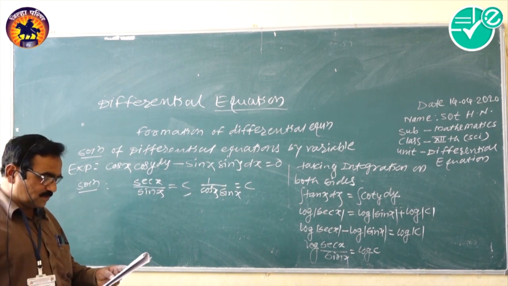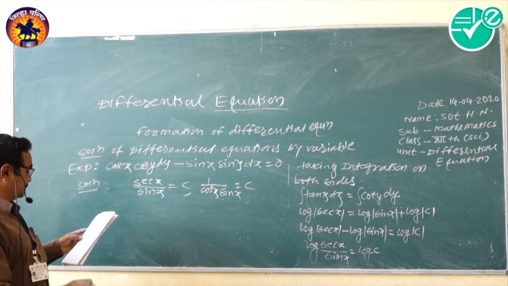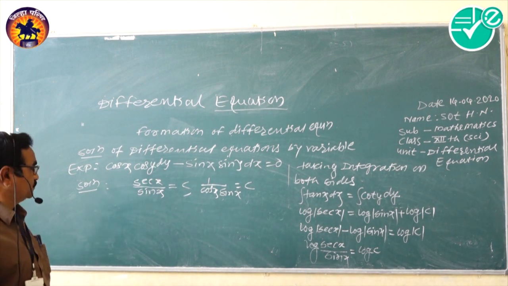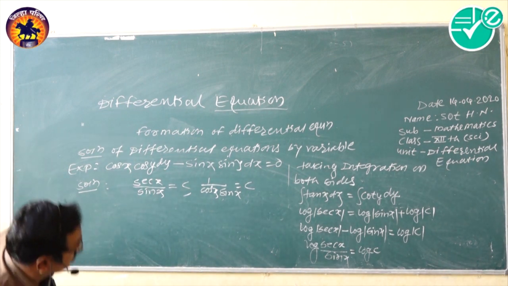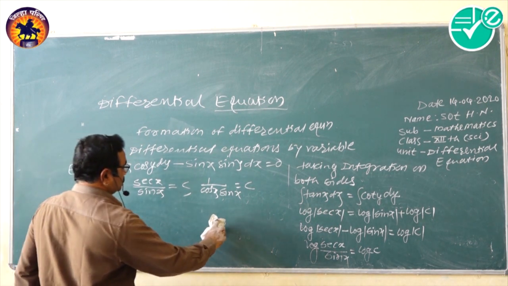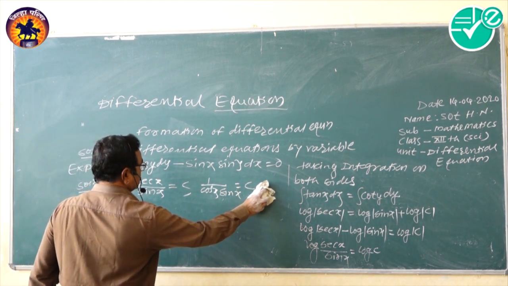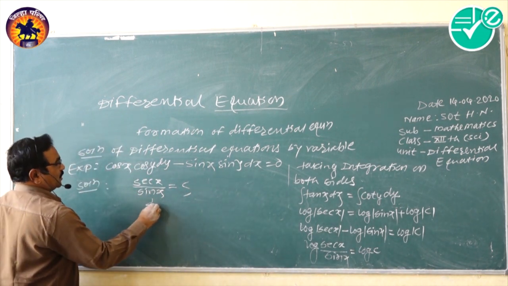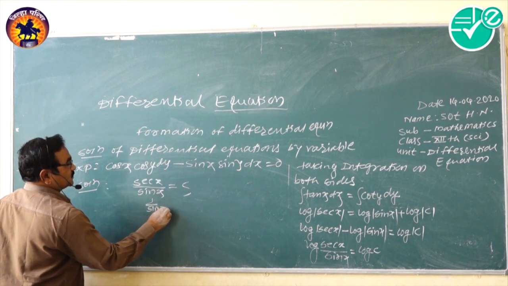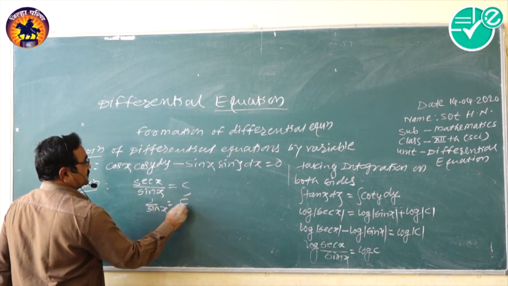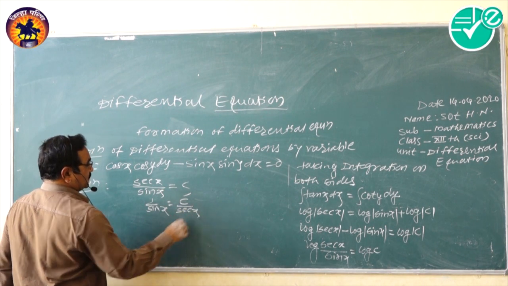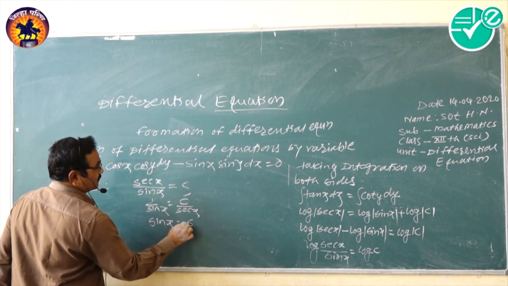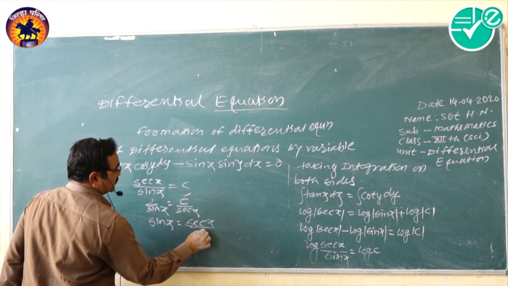Log of sec x plus log of sin y. This is 1 upon sin y equal to c upon sec x, that is sin y equal to sec x upon c.